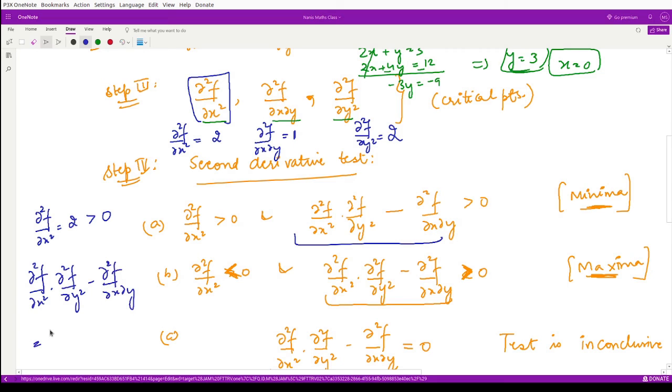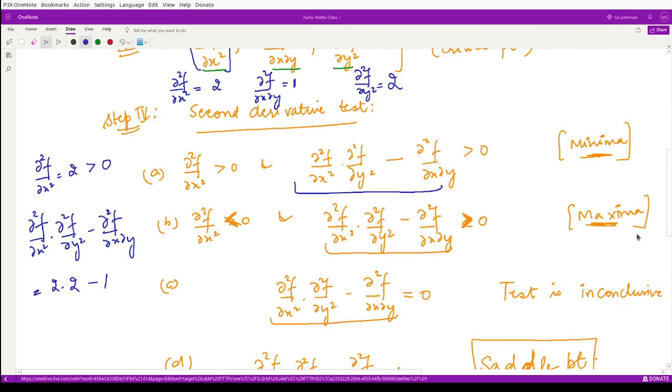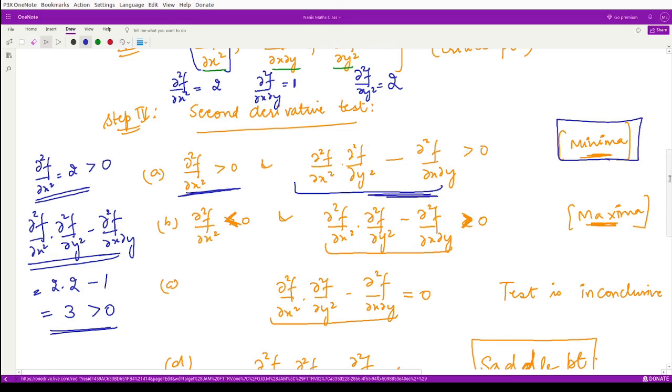The first quantity here is 2, the second is 2, and the third is minus 1. So we finally have the value 3. 3 is also a positive quantity, so both of these terms are positive. In that case, we obtain the minima. So it is clear that we have a minima at the point (0, 3).